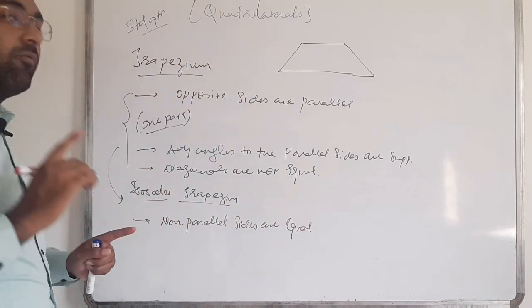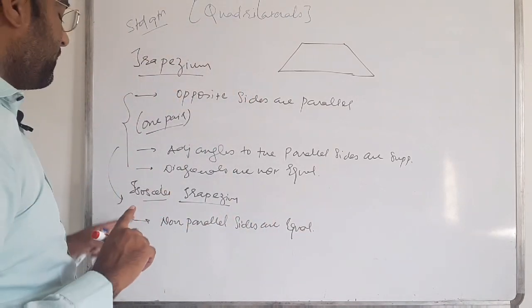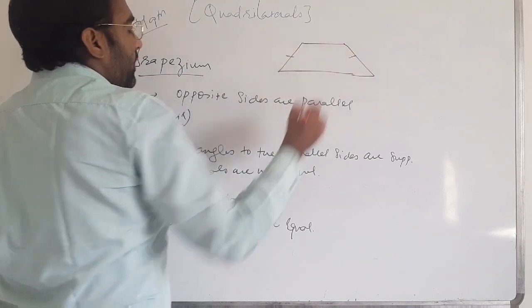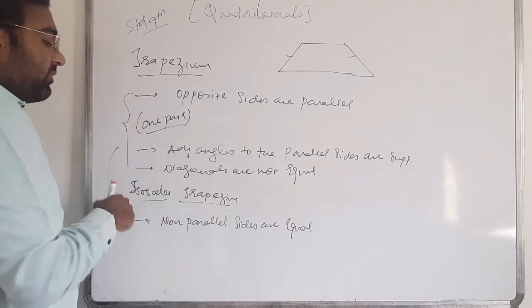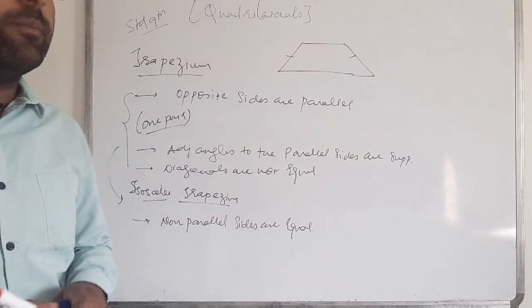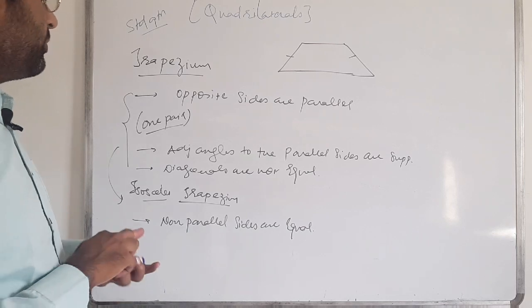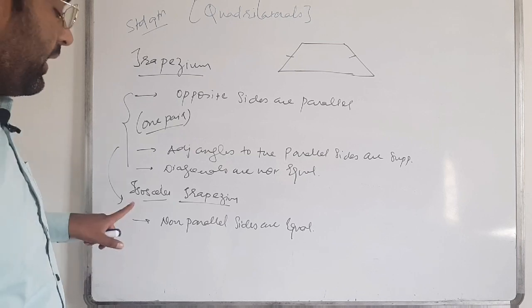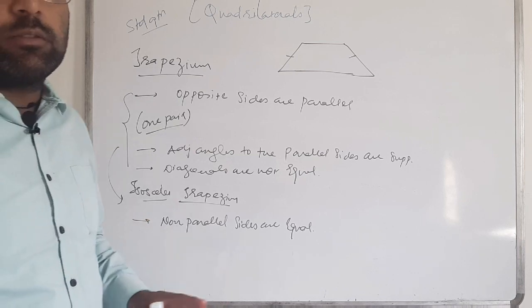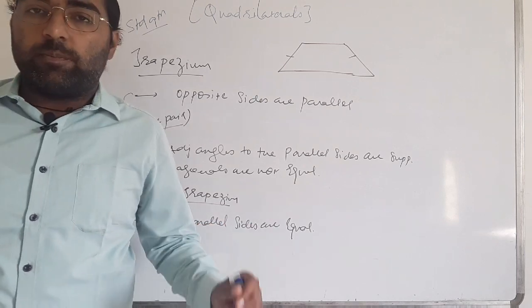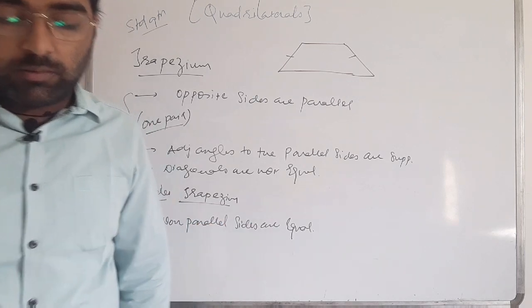Rest of all the properties of the trapezium hold for the isosceles trapezium. So write all the properties of the trapezium for the isosceles trapezium, and also write one new property, that is non-parallel sides are equal.